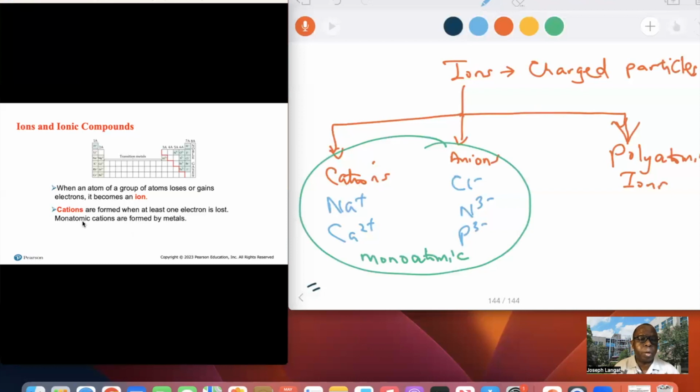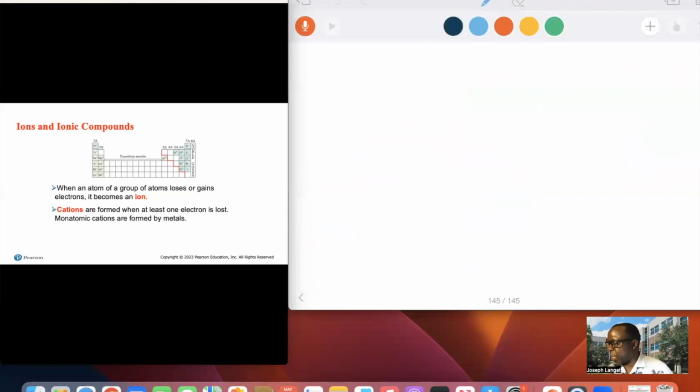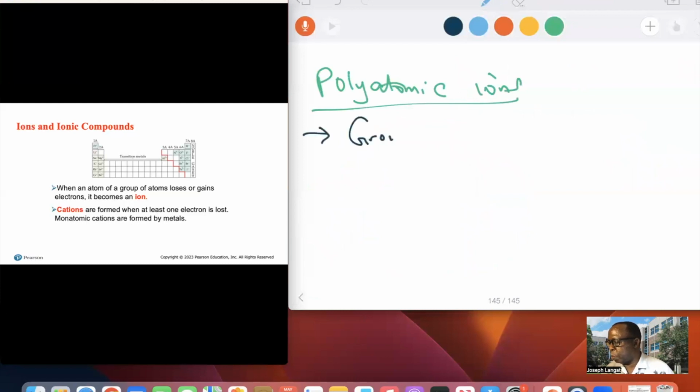It means 1. In comparison to what is coming down the line, these are polyatomic ions right here. These are a group of atoms which are bound together.